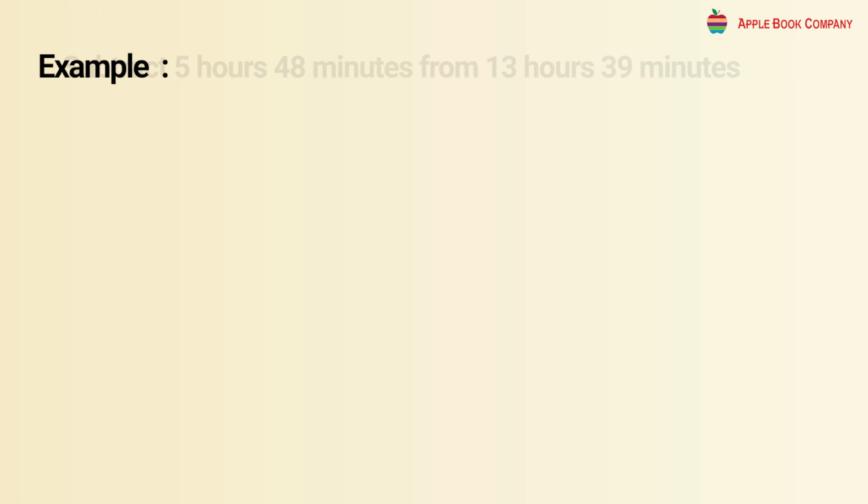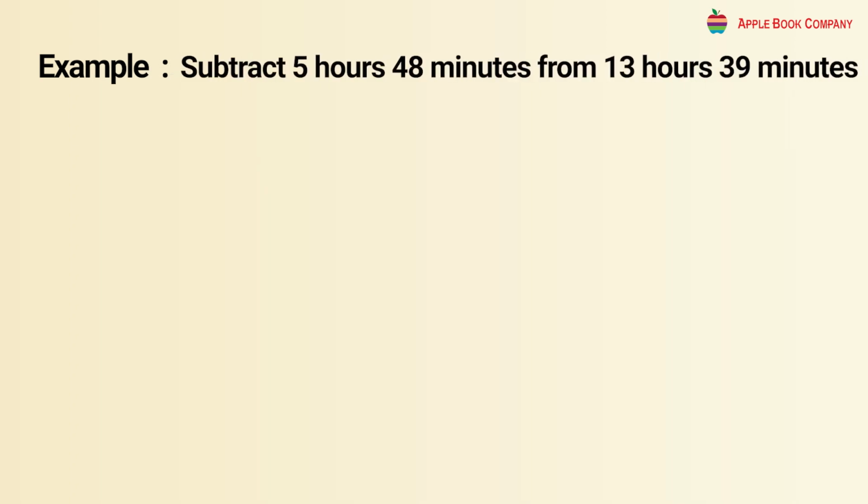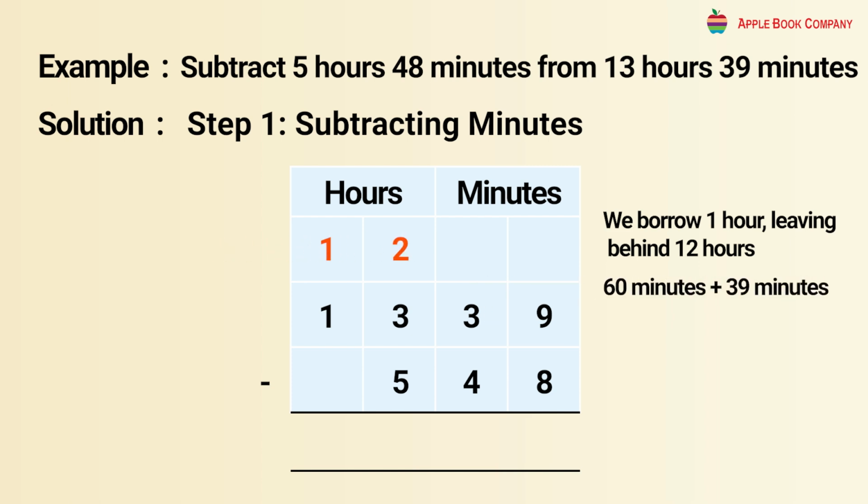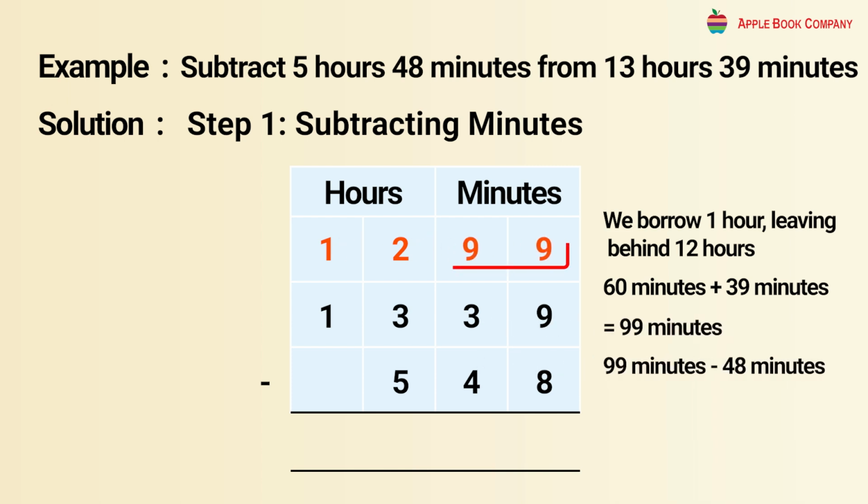Example, subtract 5 hours 48 minutes from 13 hours 39 minutes. Solution. Step 1. Subtracting minutes. We cannot subtract 48 minutes from 39 minutes. So we borrow 1 hour, leaving behind 12 hours. Now 60 minutes plus 39 minutes equals 99 minutes. Therefore, 99 minutes minus 48 minutes equals 51 minutes.